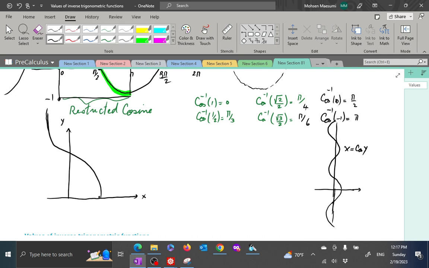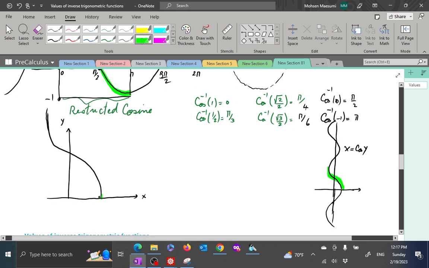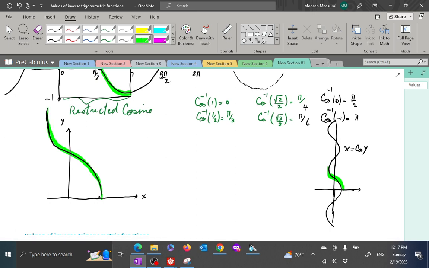Now what we want to do is just pick that restricted piece. The restricted piece is going to come from here and just go over there. So this is the graph of y is equal to arc cosine of x.